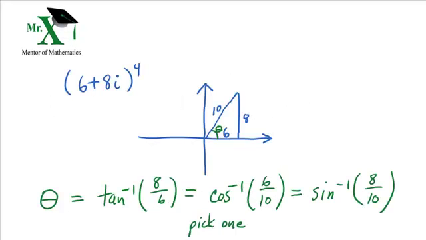Now we're going to work the problem according to the trigonometric course that you've come to know and love. Remember that r is equal to the square root of a squared plus b squared. Pretty straightforward in this first quadrant situation. So, what's theta?